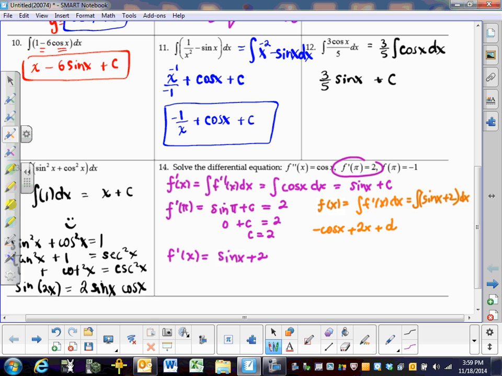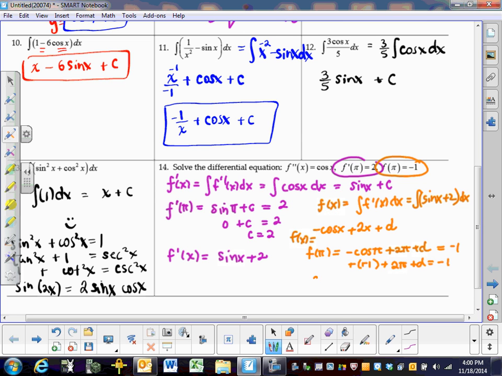And so that is going to be my f of x. Now I'm going to use my other initial condition that says that f of pi, which is negative cosine pi plus 2 pi plus d, has to equal negative 1. So negative cosine pi is negative 1, plus 2 pi plus d has to equal negative 1.